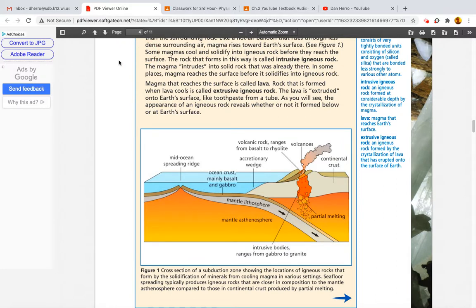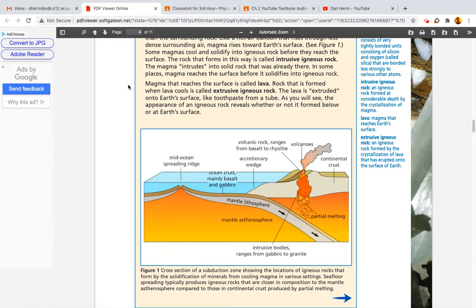Some magmas cool and solidify into igneous rock before they reach the surface. The rock that forms in this way is called intrusive igneous rock. The magma intrudes into solid rock that was already there. In some places, magma reaches the surface before it solidifies into igneous rock. Magma that reaches the surface is called lava.